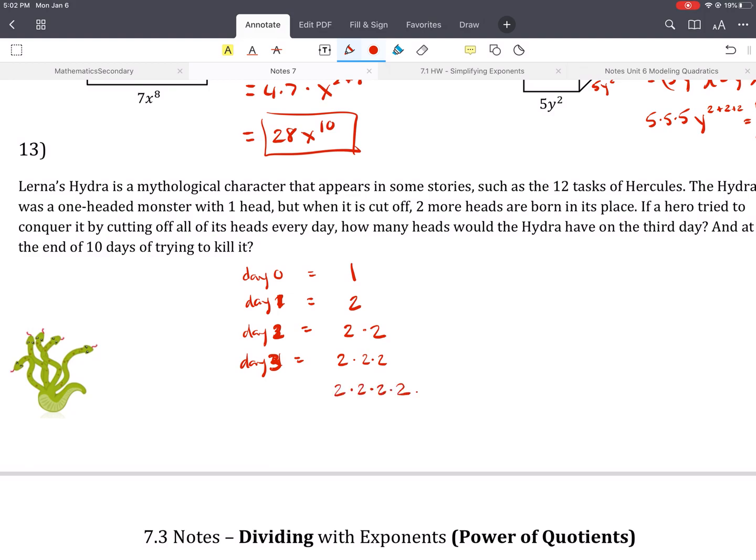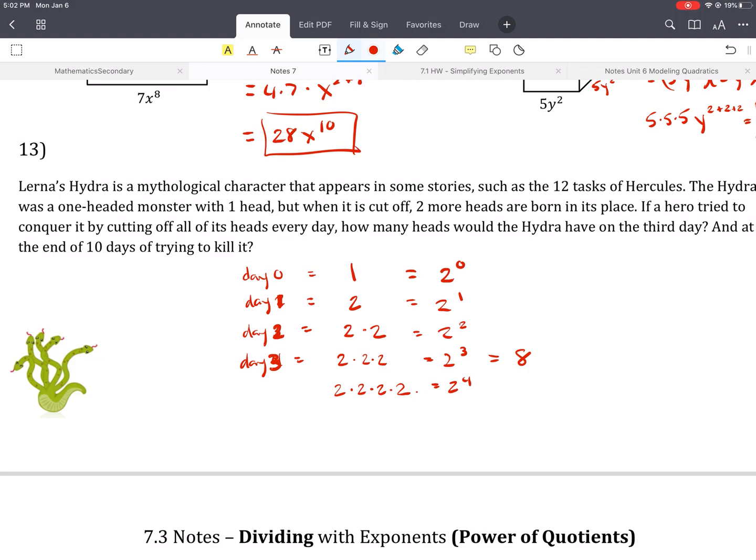Okay, so here we kind of see this pattern. This would be 2 to the 0. This would be 2 to the 1 on day 1. This would be day 2. This would be day 3, day 4. Okay, so on day 3, that would be 8 heads.